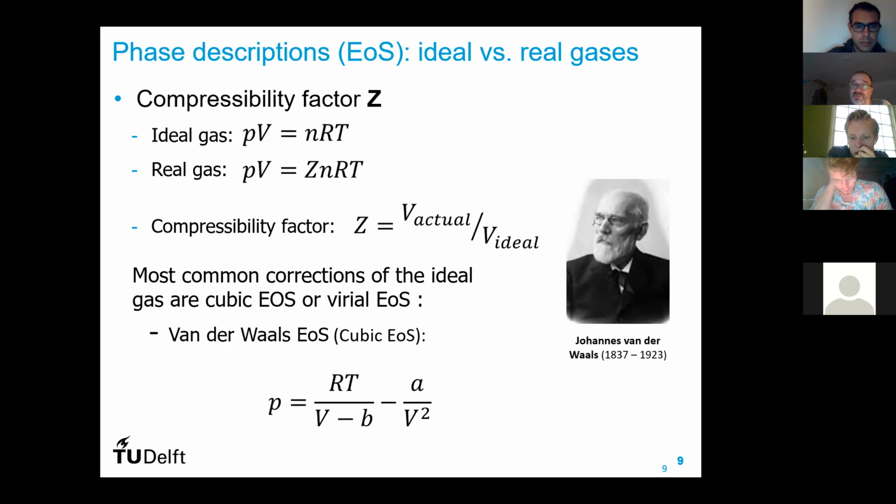We will take a look a bit later at this. So the volume that you find from here is different from the volume that you have in an ideal gas. This is the volume of the real gas. Then if you take the ideal gas volume and the real gas volume, you compute the compressibility factor.